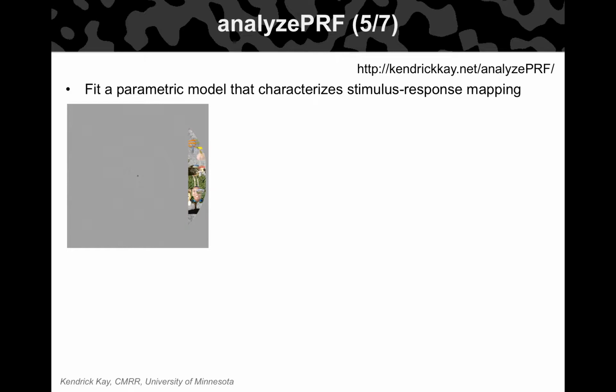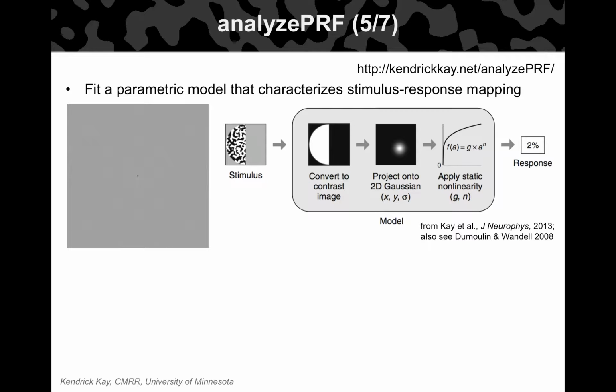And we want to basically learn something about the preferred tuning of that neuron or set of neurons. This approach posits some sort of model of this, and the details don't matter other than to say that in this model we are attempting to fit parameters describing a simple two-dimensional Gaussian.